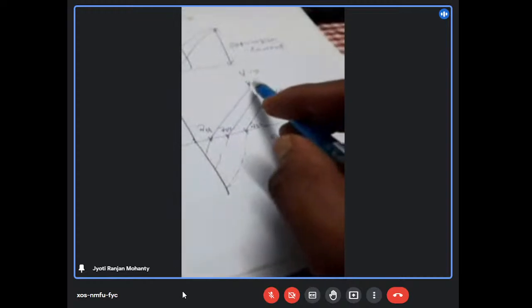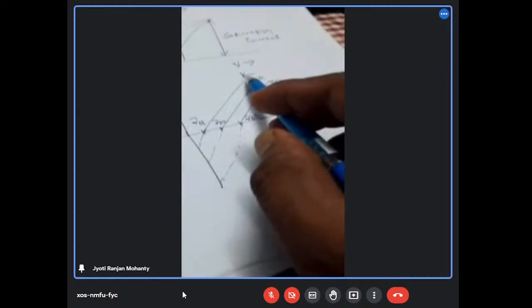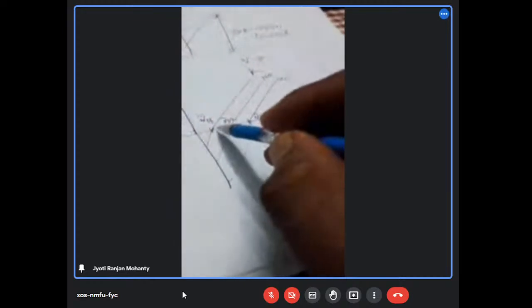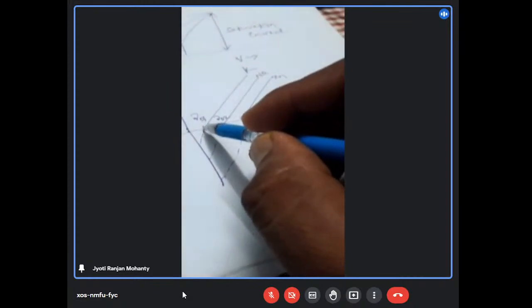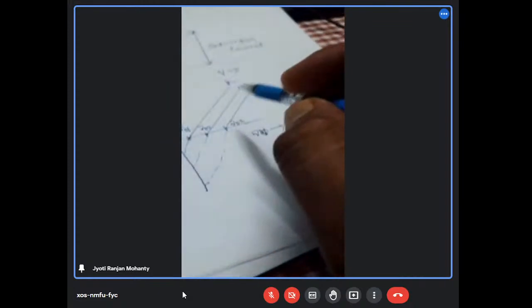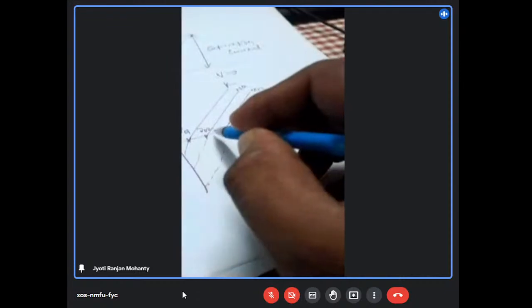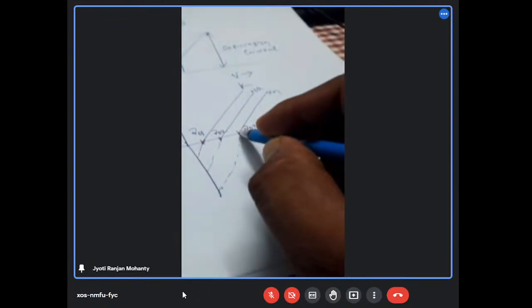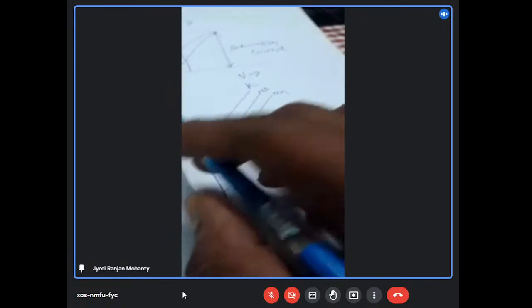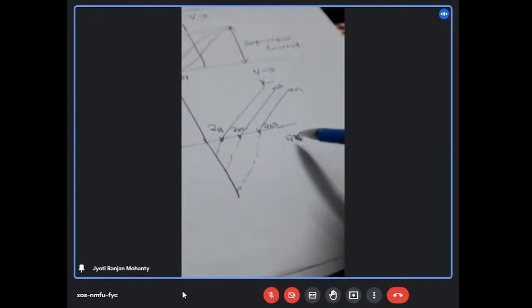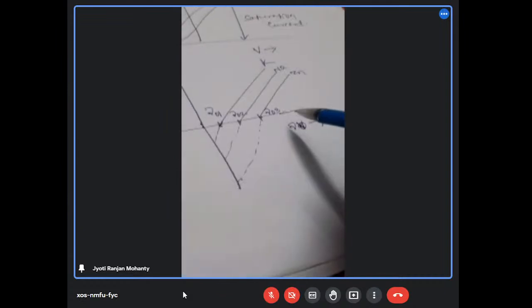So I have shown you three different metals. For potassium, this is your threshold frequency. For sodium, the value is different. And for zinc, the value is also different. So this is the graph between stopping potential versus frequency. Understood?